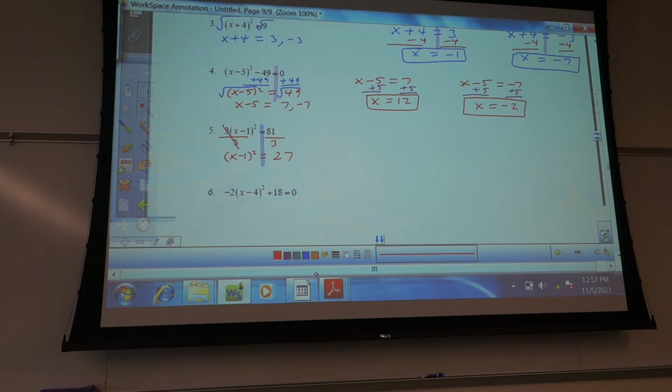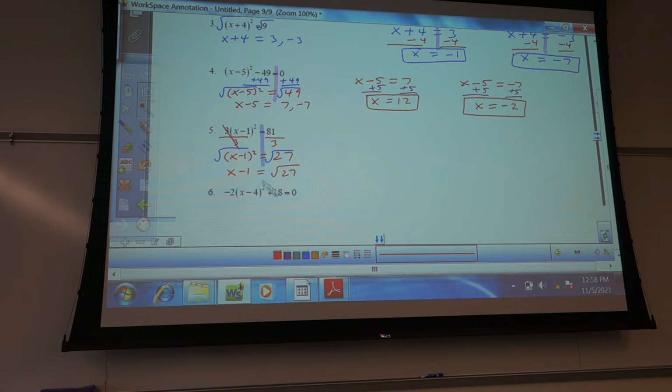Right. So I did not mean to do that. But if I square root both sides, I'll get x minus 1 equals the square root of 27. We can pull some stuff out of there. But for now, let's add 1 to both sides. So I need to solve for x.